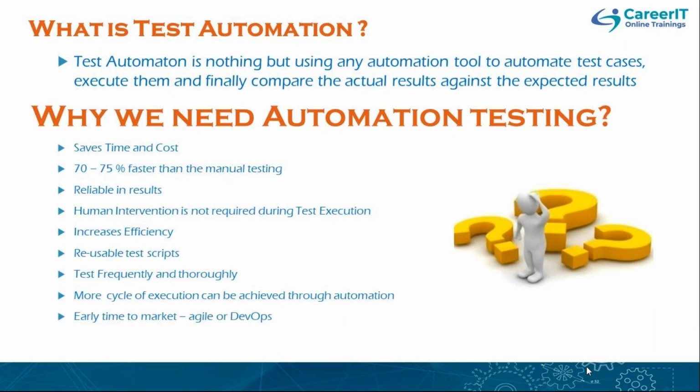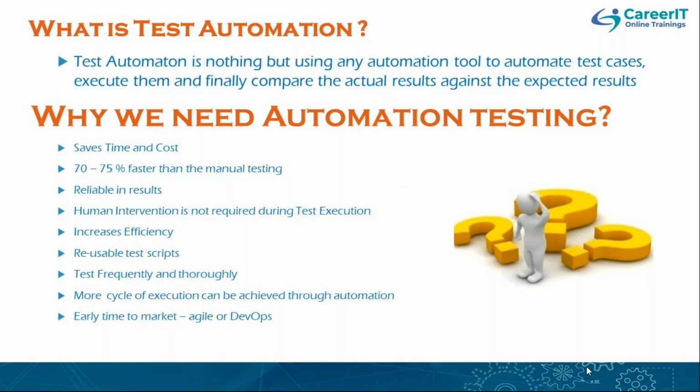Finally, if you have adopted automation in your project, you can release your project or product to the market as early as possible, because the testing phase will be faster with automation testing in place. You can make sure your application is stable by using automation, so that you can release your product to the market early.